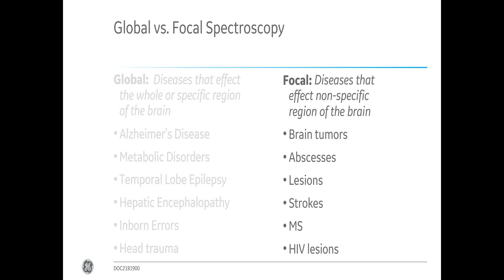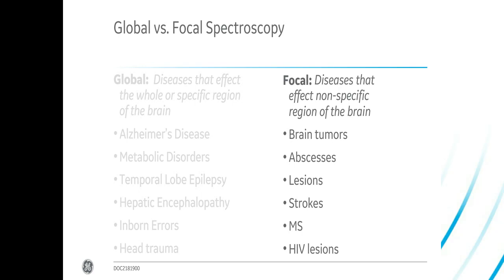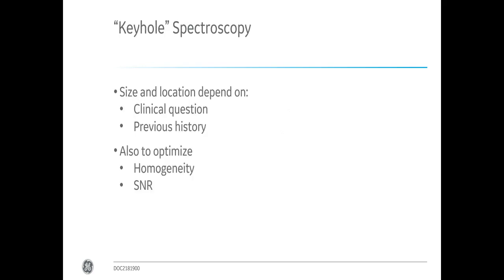So now, looking at focal diseases, you can also speak of some kind of keyhole technique. You look through the keyhole into small voxels and see what is going on in the brain. So it's really the size and location, it depends on the clinical question. That differs from global spectroscopy, where you could always put your voxel in the same location, same voxel size.